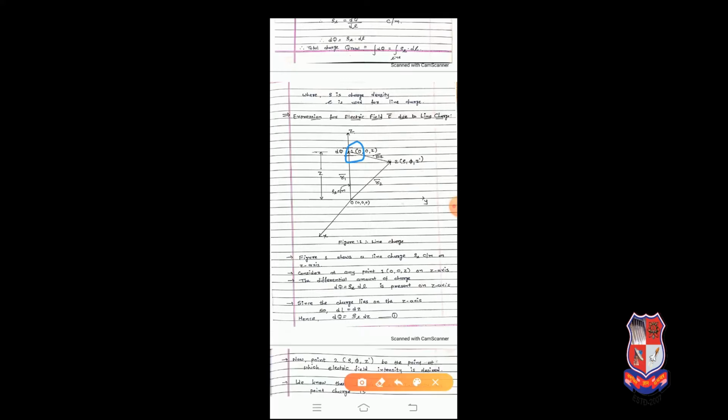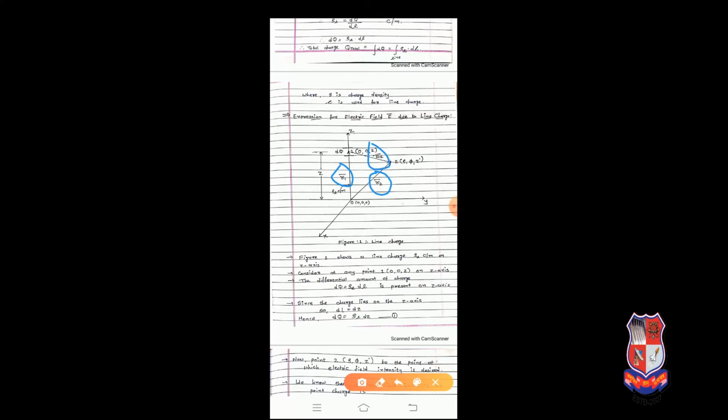Point 2 is suppose in the cylindrical coordinate, so its coordinate is rho phi z. Here we are taking z, so in the second point we are taking z dash. So point 2 is rho phi z dash. Now the position vector of point 1 is suppose r1 and of point 2 is vector r2. Now the distance between point 1 and point 2 is suppose r12.